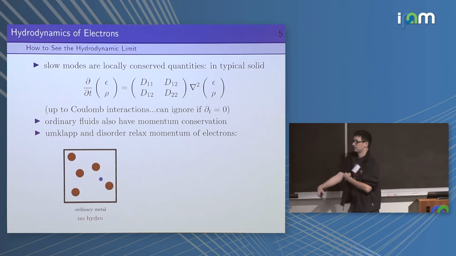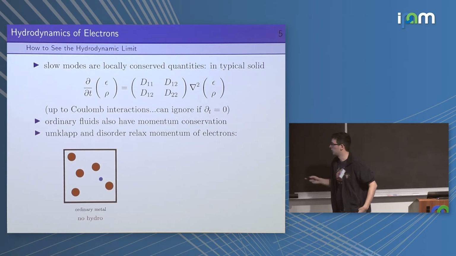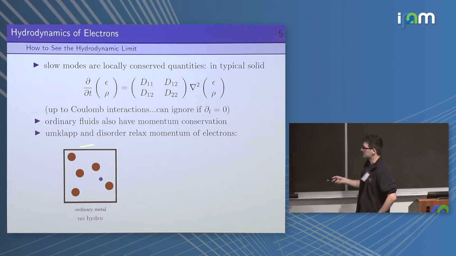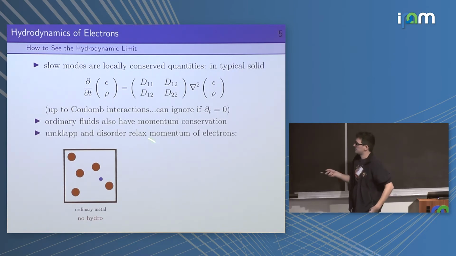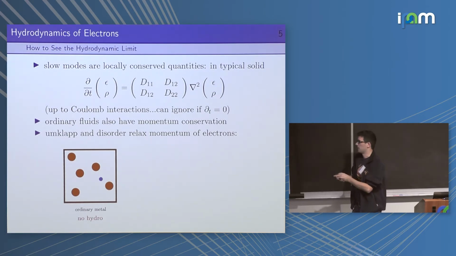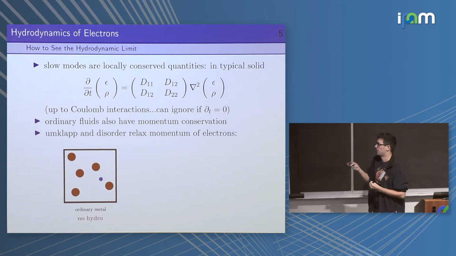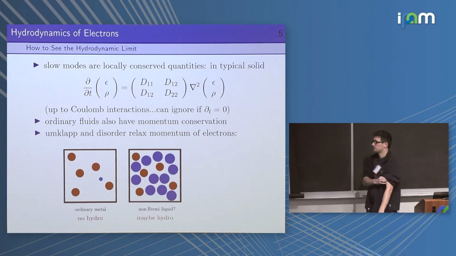The way we can think, at least cartoonishly, about the ordinary metal is that we start with this one lonely electron in blue, and it sees a zoo of impurities and Umklapp processes, and it just bounces from one impurity to the next. You can think of pinballs in a pinball machine. Okay, this is effectively a system with no momentum conservation. In an ordinary metal, it's essentially a single electron, described by kinetic theory, moving around in this zoo of impurities.